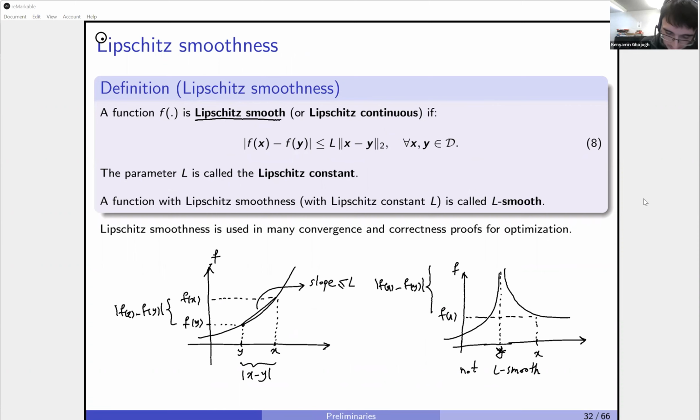What is Lipschitz smooth or Lipschitz continuous? You hear that a lot in the literature of optimization. It's nothing complicated.